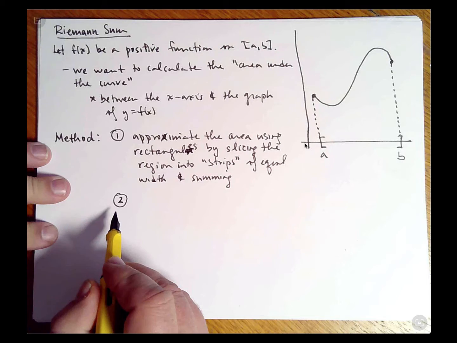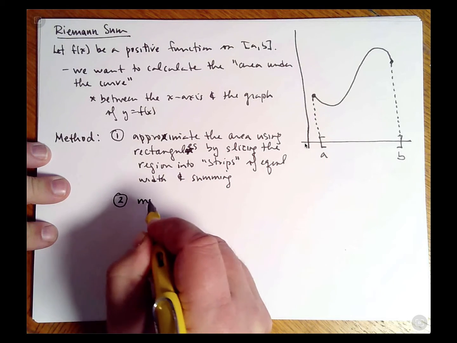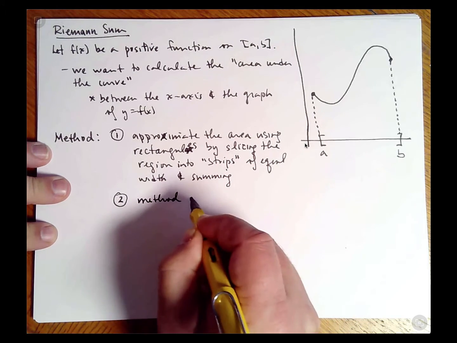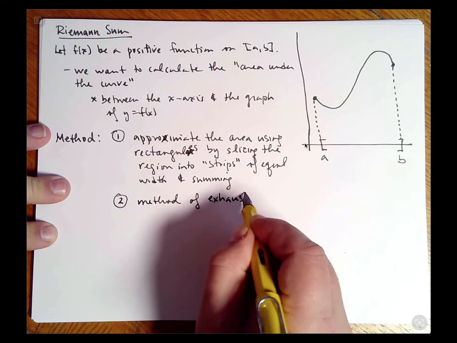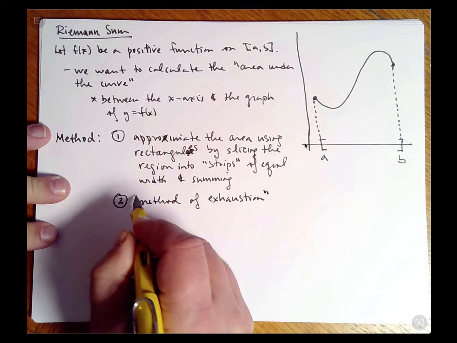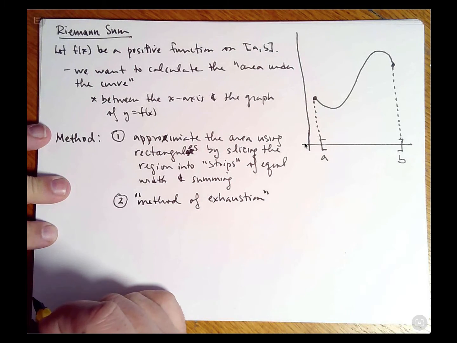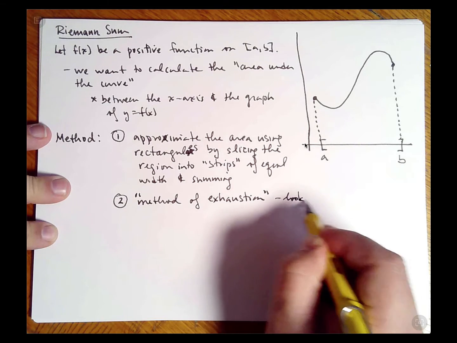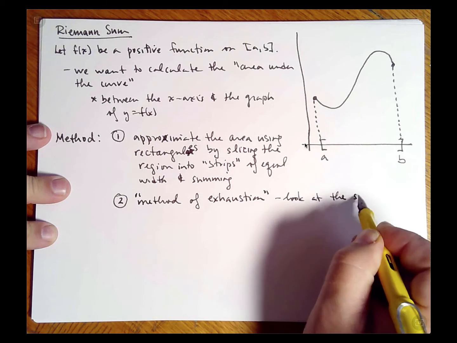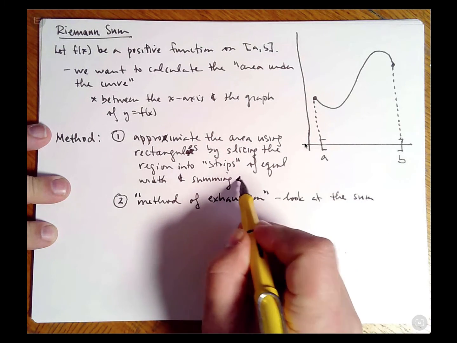The second step in the method is called using the method of exhaustion. So this is a classical title for this process. What we do is we look at the sum, and by that I mean this sum right here.